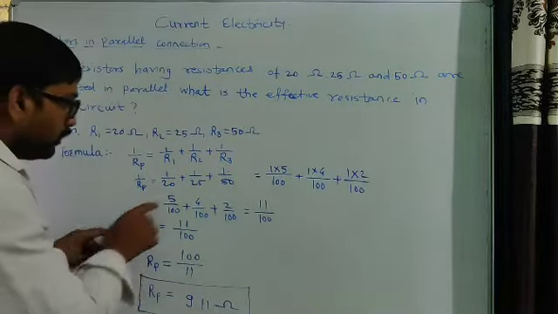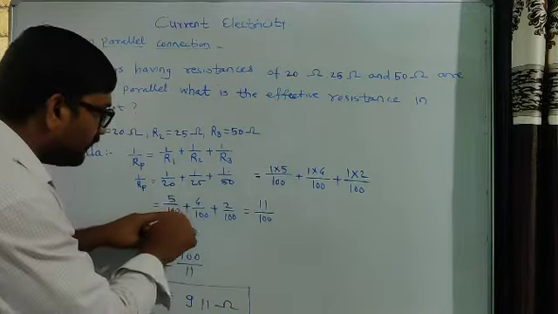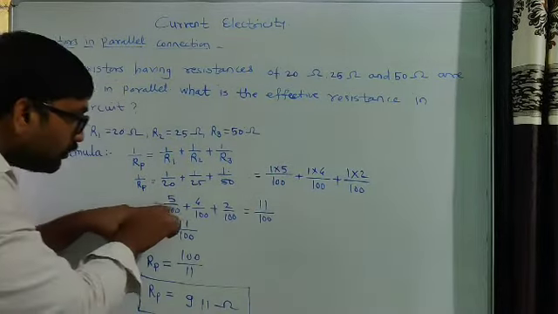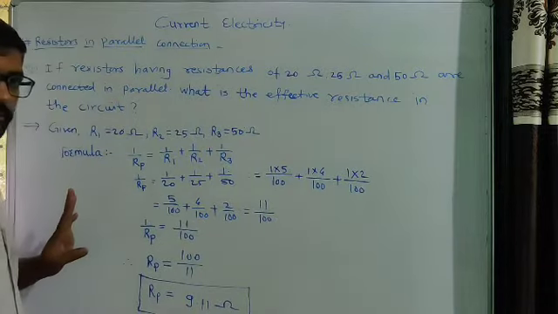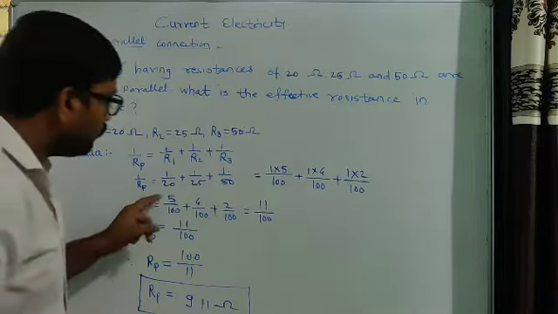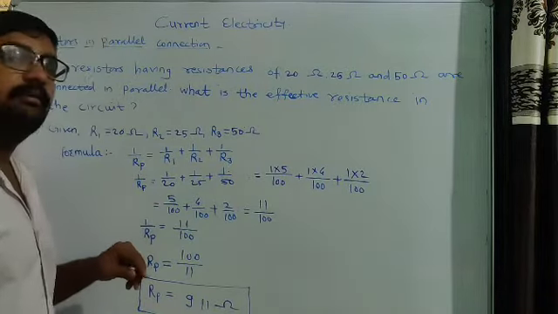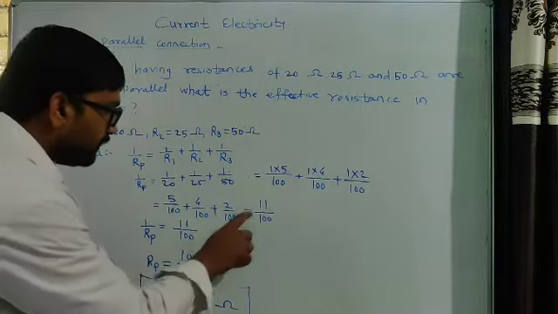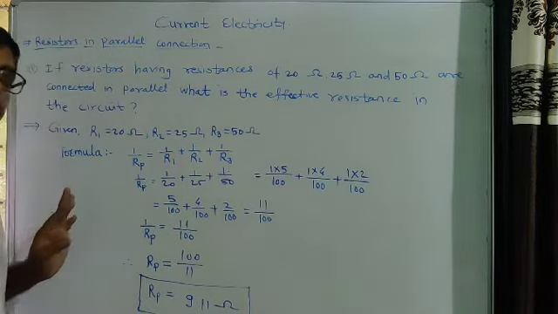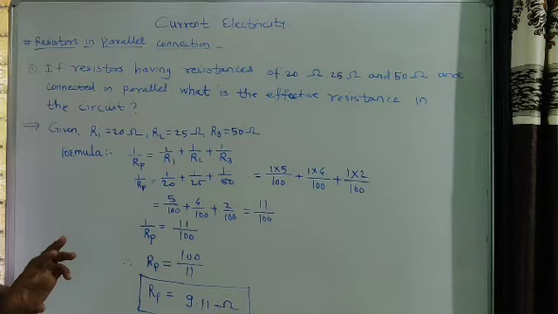Okay, so it will be 5 by 100 plus 4 by 100 plus 2 by 100. Now the denominator is the same, so we can add the numerators. Okay, 5 plus 4 is 9, 9 plus 2 is 11, so it will be 11 by 100. So 1 by Rp is equal to 11 by 100.